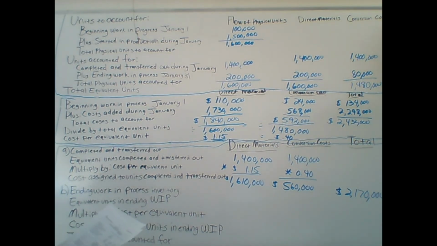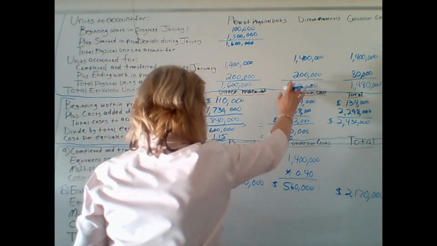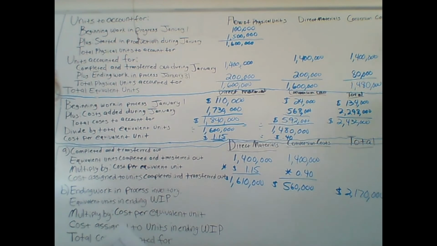All right, so my ending work in process, I'm going to get right from here. So I take my ending work in process, which is 200,000.